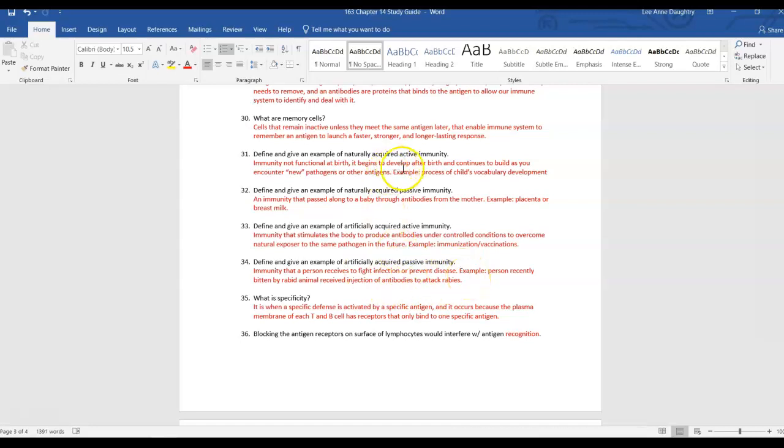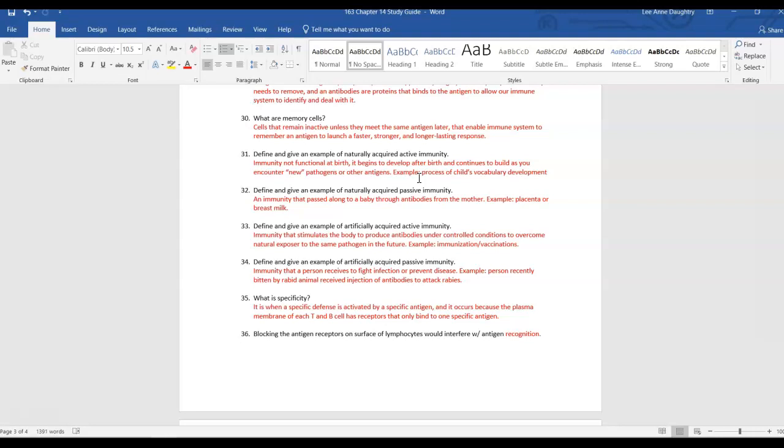So naturally acquired active, I told you wrong, I'm sorry. Naturally acquired active immunity, oh, gosh. I'm so sorry. Number 31 is when you get sick.